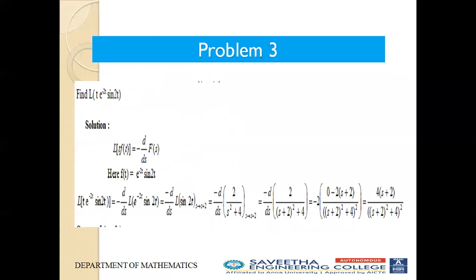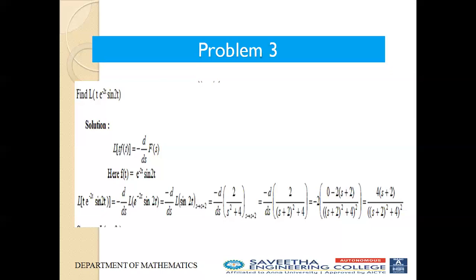In this problem, we are using two properties to find the Laplace transform. First, L of sin 2t is 2 divided by s square plus 4, and then we are going to replace s tends to s plus 2. Here the t power is 1, so we have minus d by ds of 2 divided by s plus 2 the whole square plus 4.